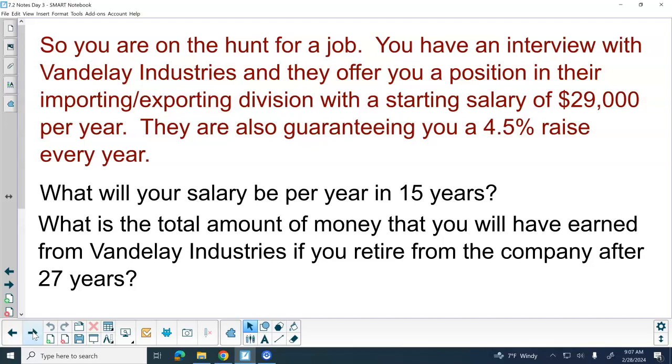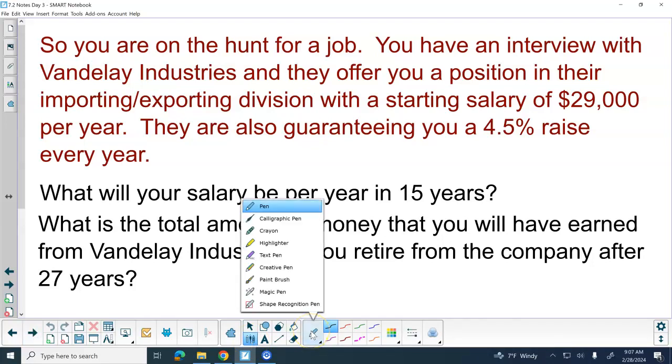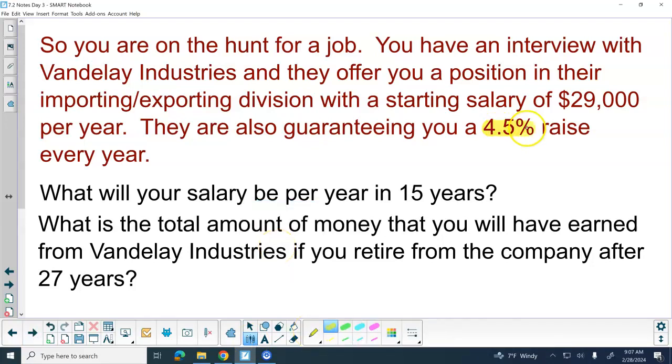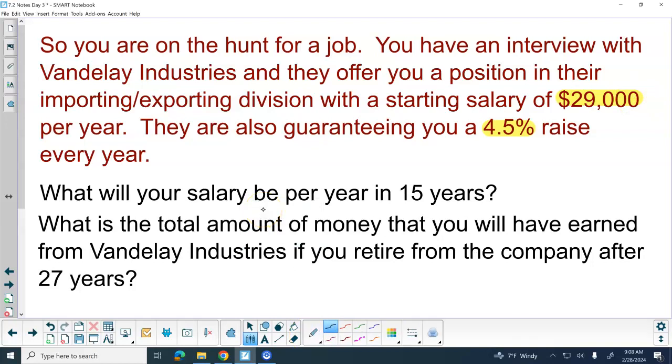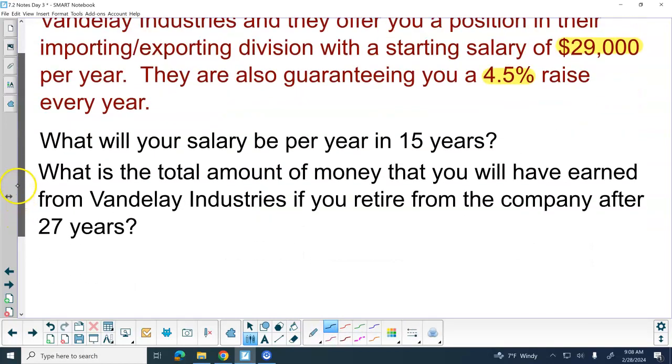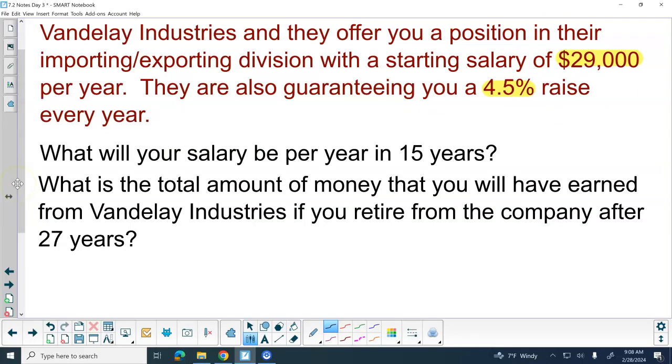Based off of this and this, can we come up with a rule? Well, actually, we have to decide first: is it arithmetic or is it geometric?